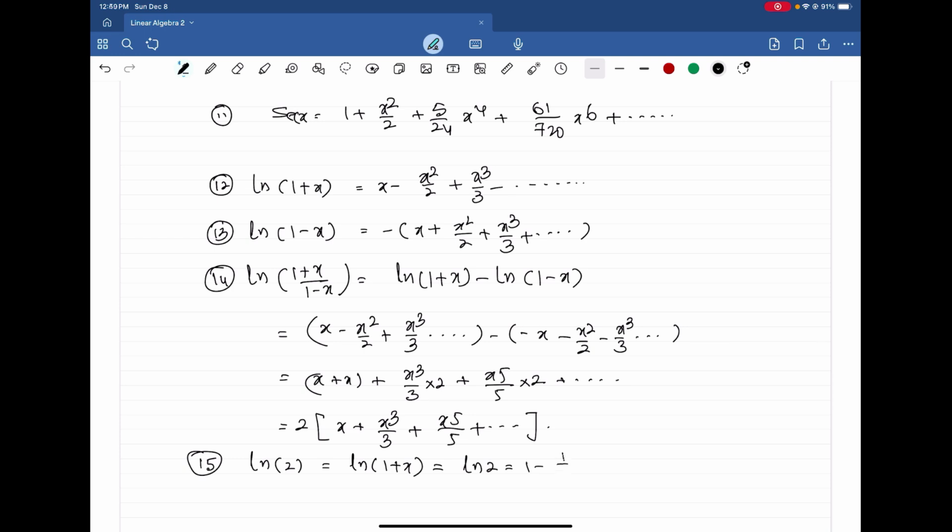That is 1 minus 1 by 2 plus 1 by 3 and so on.